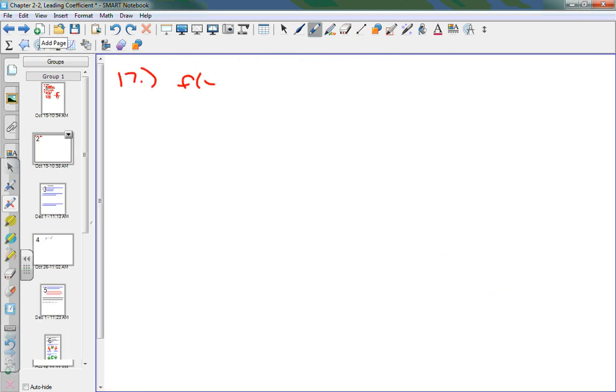17, f of x is equal to negative 3/5 times x squared plus 6x minus 5. What did I tell you guys to do with this problem? What do I have to do?